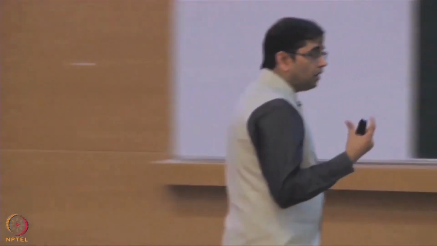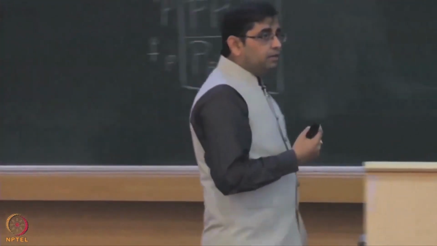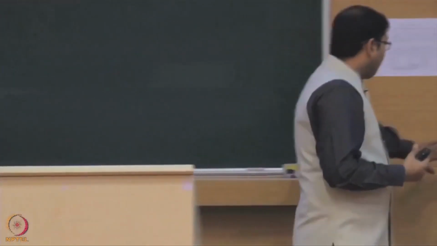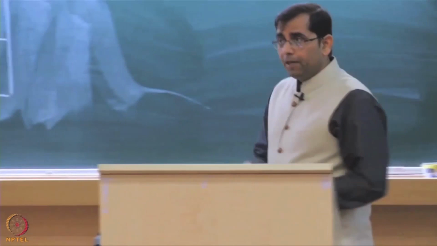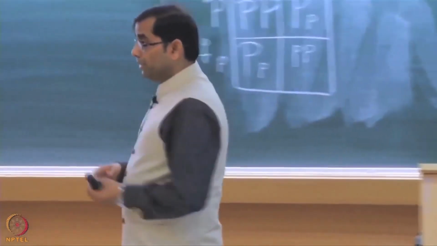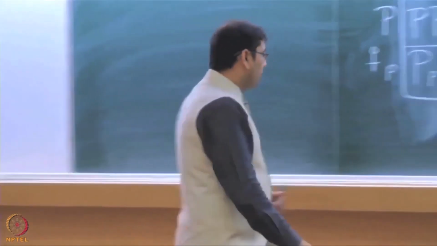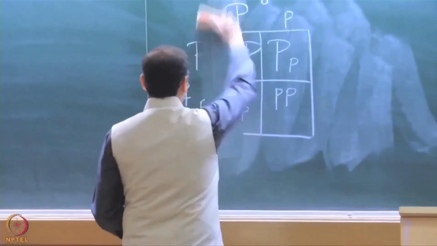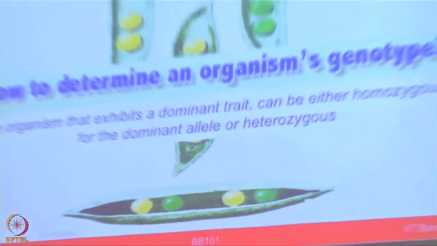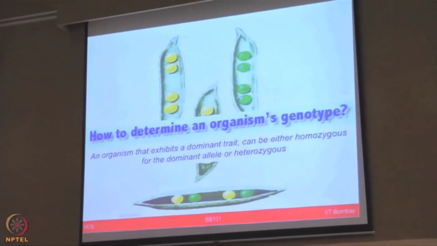Now the question is, if we have one purple flower, how are we going to determine the genotype, whether the purple flower is capital P capital P or capital P small p, right? If we have a purple flower, two genotypes are possible. So let's imagine two situations.